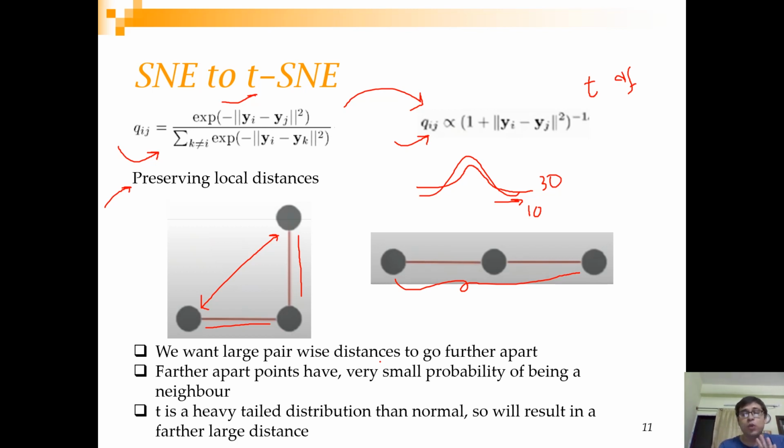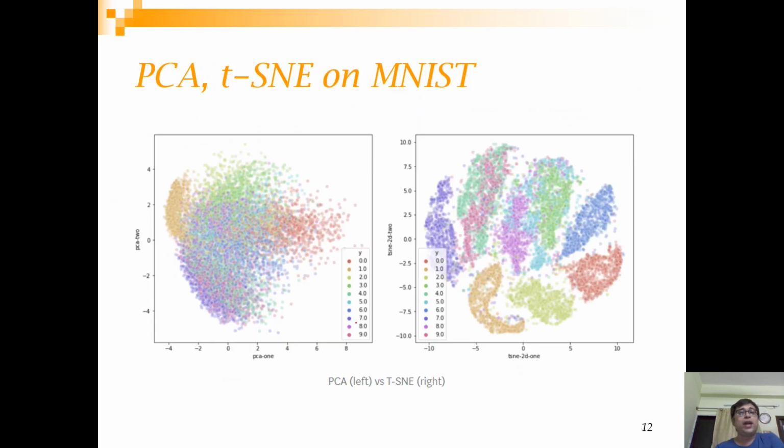Now let us look at a visualization with PCA and tSNE. This is on the famous MNIST data set. These are the first two PCA dimensions and the classes are marked in the same color. You remember that MNIST is about 10 digits, from 0 to 9, and these are represented by different colors.